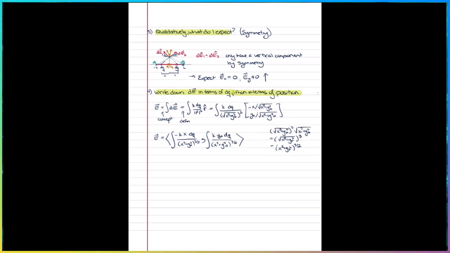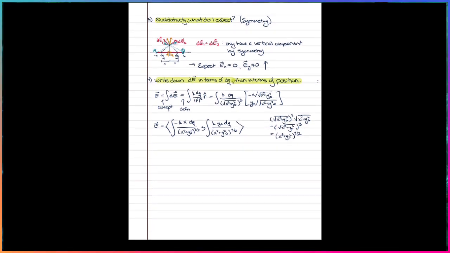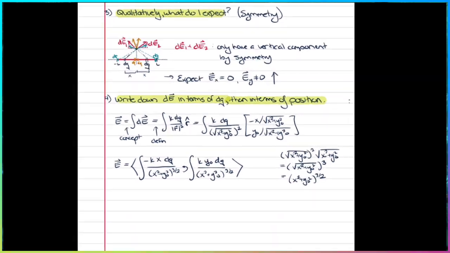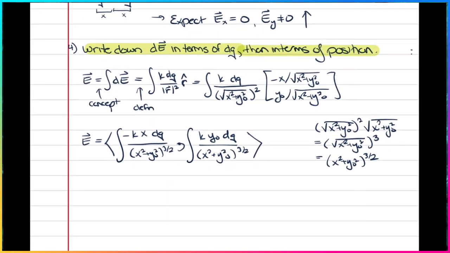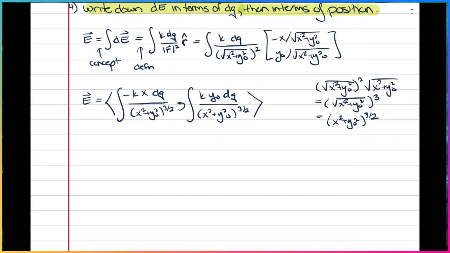All right, so are we ready to do the integral? We're close, but if we look at this, there's still some things to consider, because right now it says we're adding up over the charges.